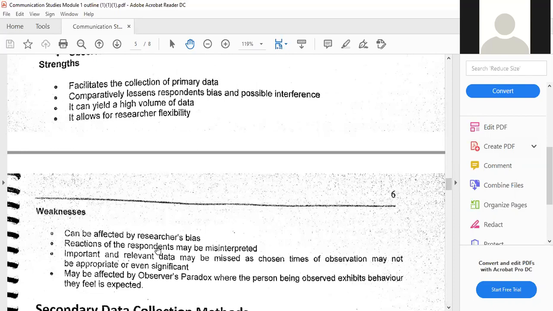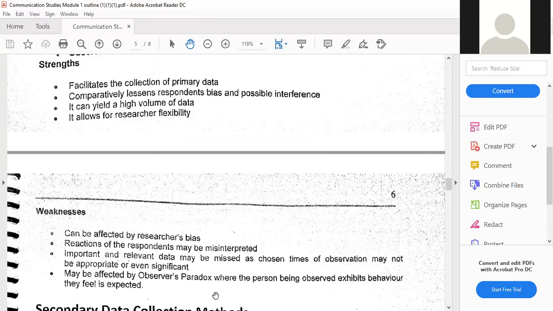So it says weaknesses: it can be affected by the researcher's bias. The reactions of the respondents may be misinterpreted. Important and relevant data may be missed, as chosen times of observation may not be appropriate or even significant.